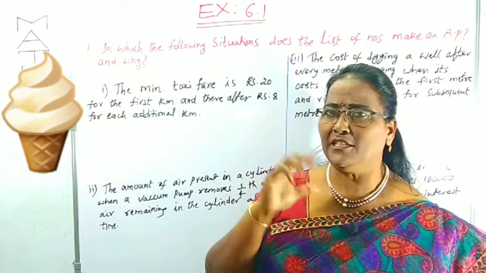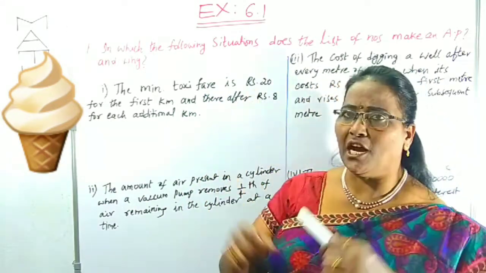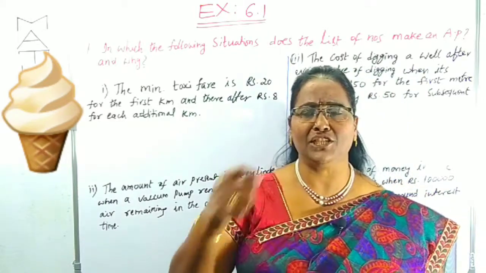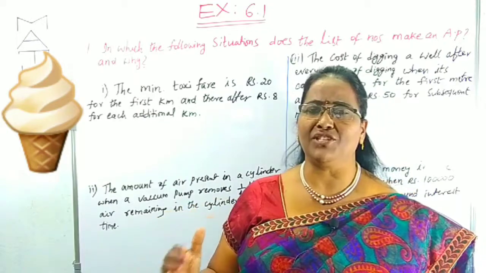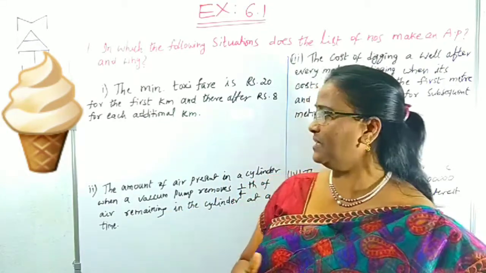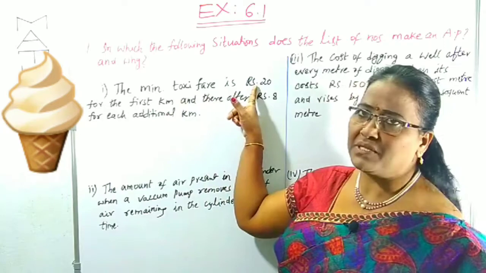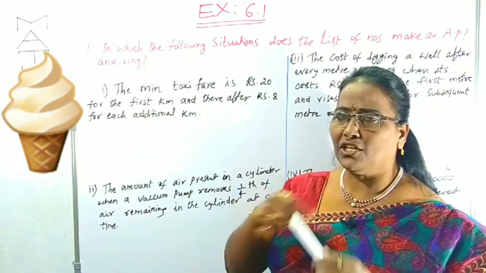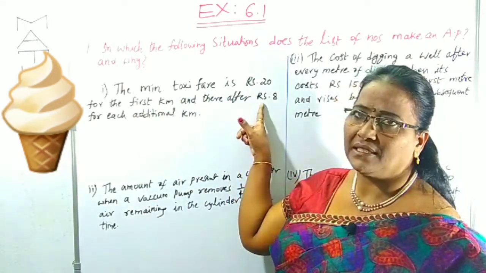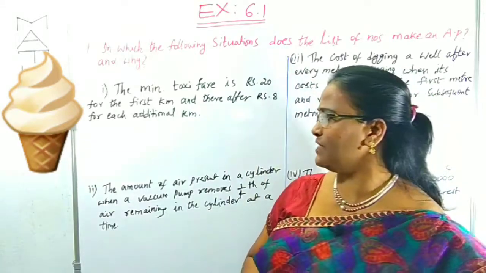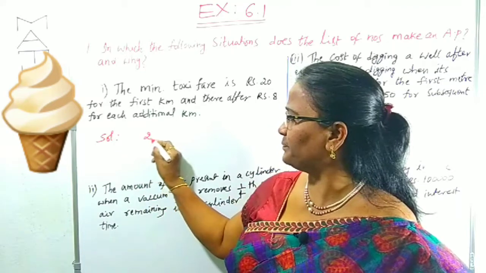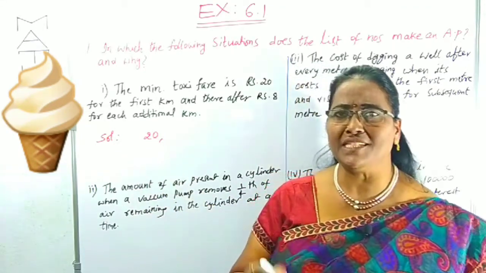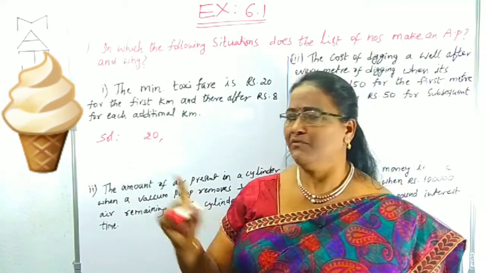So first starting fare is how much? ₹20. How much is rising in each additional kilometer? ₹8. Then we can form the list of terms and observe whether it is AP or not. Understood? First ₹20 is the starting fare. Then for each additional kilometer, ₹8 keeps adding. So the first starting fare we can take as ₹20. How much is adding for each kilometer? First is 20.